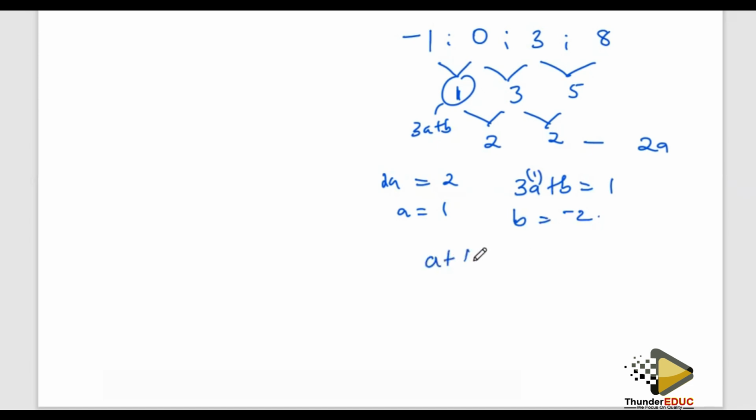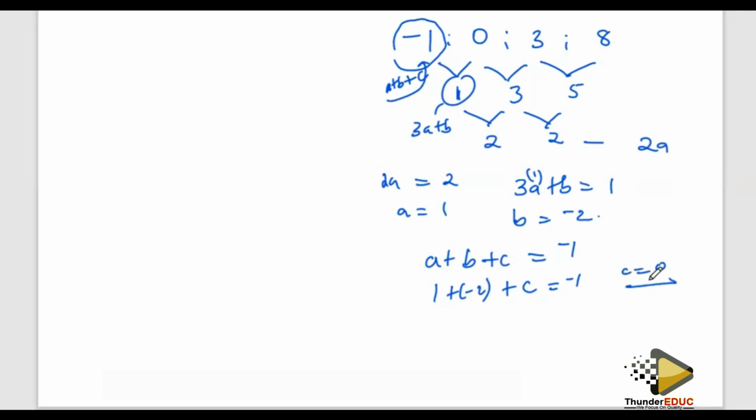Then a plus b plus c should be equal to the first term of the quadratic. So a plus b plus c is the first term, which is a negative 1. Do the substitution, 1 plus a negative 2 plus c is equal to negative 1. And this is going to give us negative 1, move it that side, which means c is a 0.